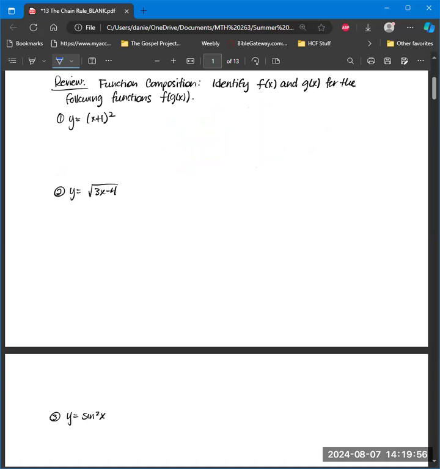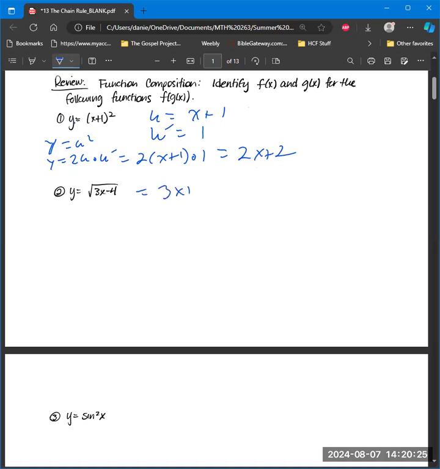So inner function I'm going to call u is x plus 1. u prime is equal to 1. y is u squared, so y prime is equal to 2u times u prime. 2 times u times u prime is 2x plus 2. There we go.